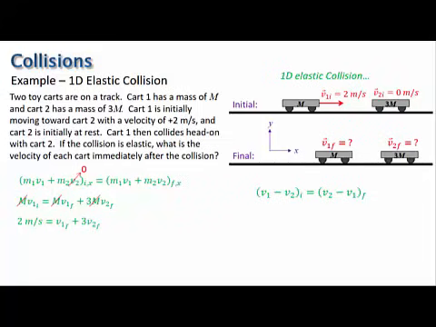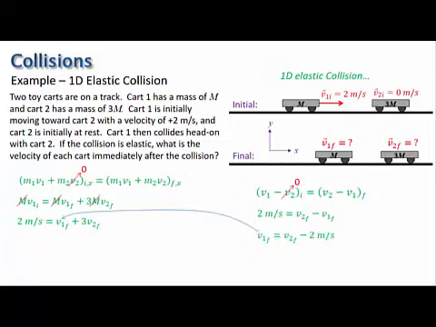We're left with the two unknown final velocities, and that's as far as we can go with this equation. So let's look at the other equation on the right. V2 initial is 0 again, and V1 initial is 2 meters per second, so the equation becomes this. And now we have a second equation with the same two unknowns as the first equation, so we need to combine these two equations. I'll do that by solving the second equation for V1 final and plugging that back into the first equation.